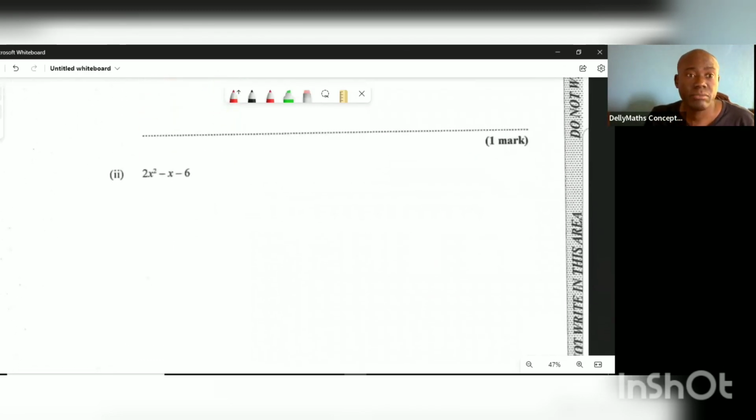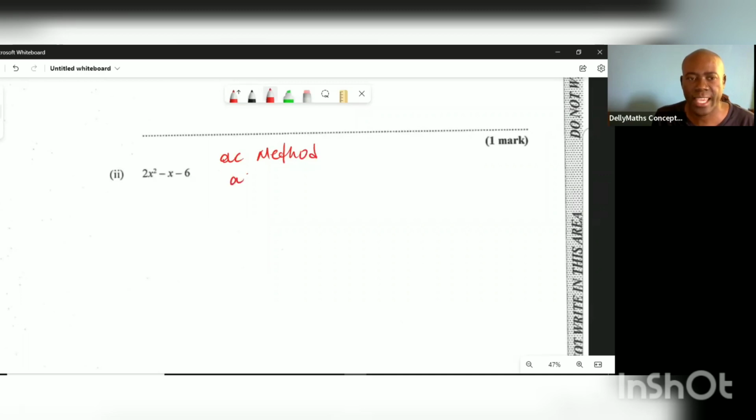Next question: 2x squared minus x minus 6. Quickly, there's no common factor, it's not 4 terms to do grouping, and it's not the difference of two squares. We're going to use the AC method to factorize this quadratic expression.